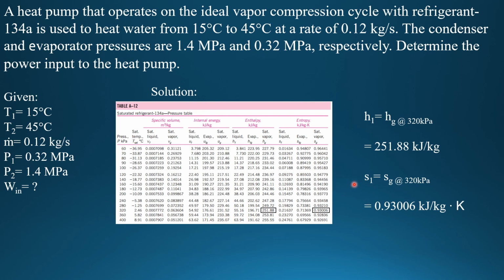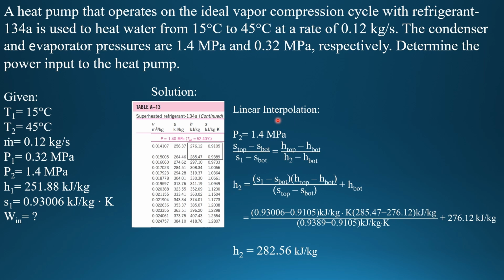Next is the specific entropy at state 1, that is also equal to the specific entropy of the vapor at 320 kilopascal, that is equal to 0.93006 kilojoules per kilogram Kelvin.